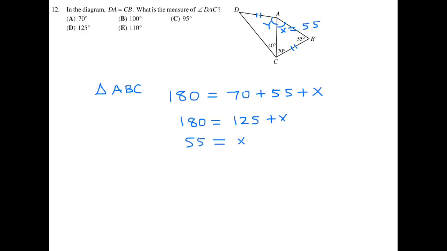Now if x is equal to 55, then that means that ABC is an isosceles triangle, correct? Because if that's 55 and this is 55, then these two sides are the same. So that means AC is the same as CB.